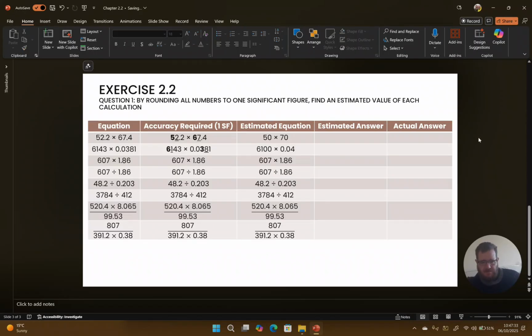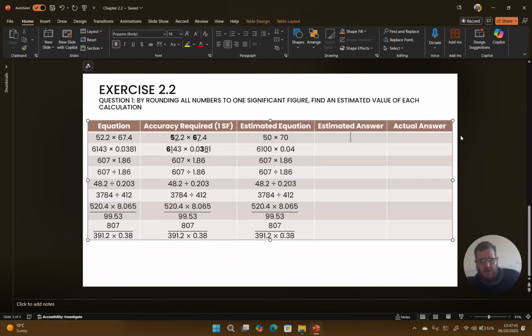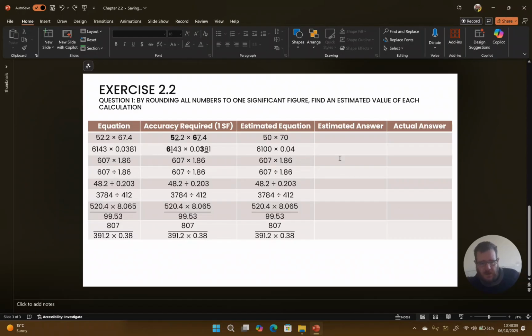So essentially, when we give our estimated answer, we will be working out what is 4% of 6,100.